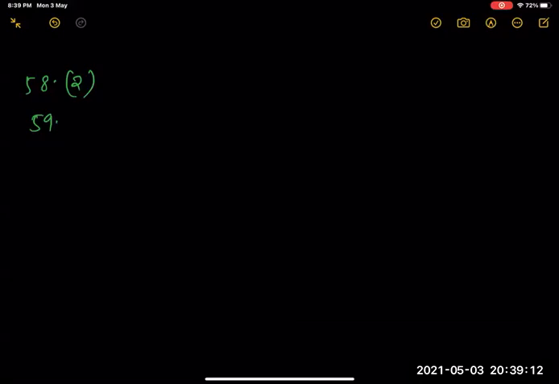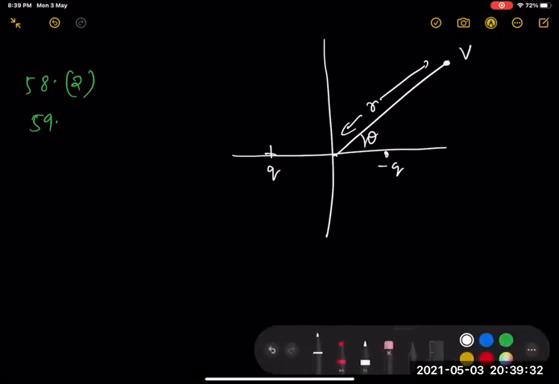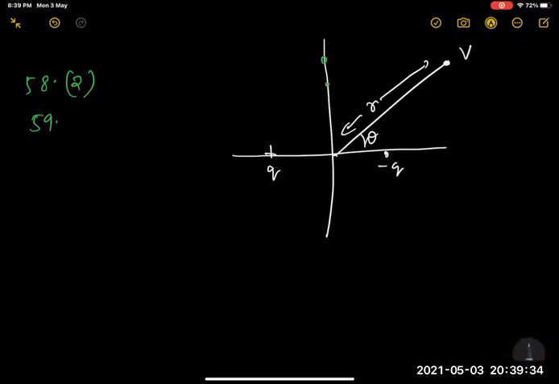See, an electric dipole is like this, plus q and minus q. And the electric potential at distance r from the center, making an angle theta from the axis. So it is like this. If this angle is theta and distance is r, what is the potential at this point? Tell me, what is the potential at any point on this axis?